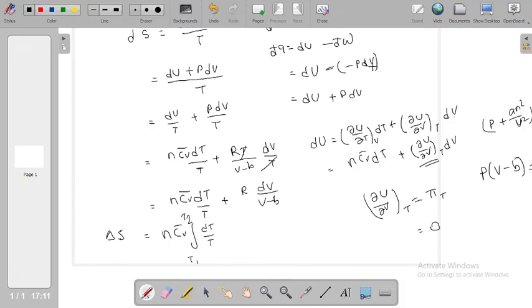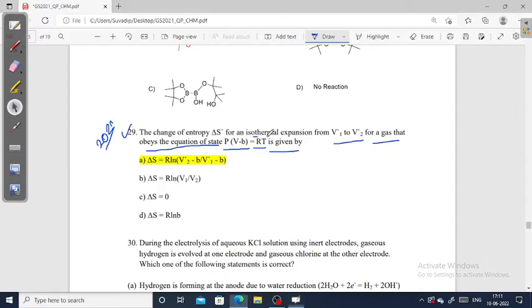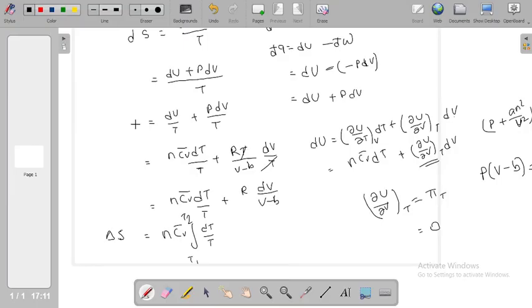But here the process is isothermal, so the final and initial temperatures are the same and there is no change in temperature at all. So dT will be 0, and this entire term will be 0.